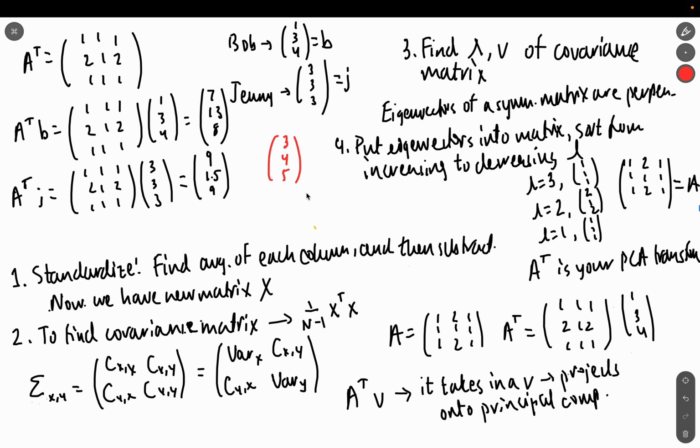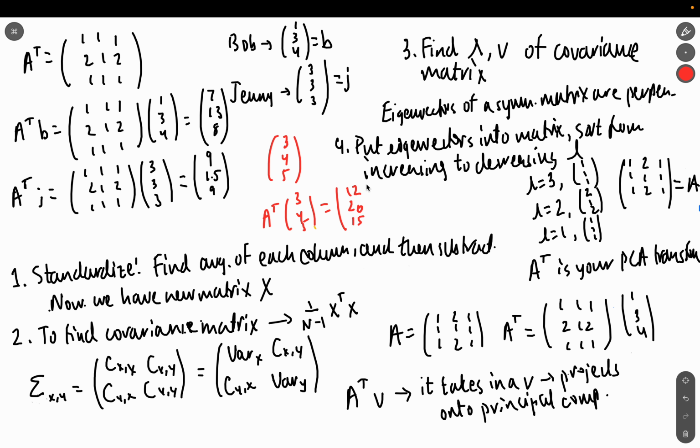Then we can project it onto the principal components by multiplying by A transpose, and we'll get our results. Let's do it real quick, in my head. A transpose times 3, 4, 5 is going to be 3 plus 4 plus 5 is 12, 6 plus 4 plus 10 is 20, and then 5 plus 5 plus 5 is 15.